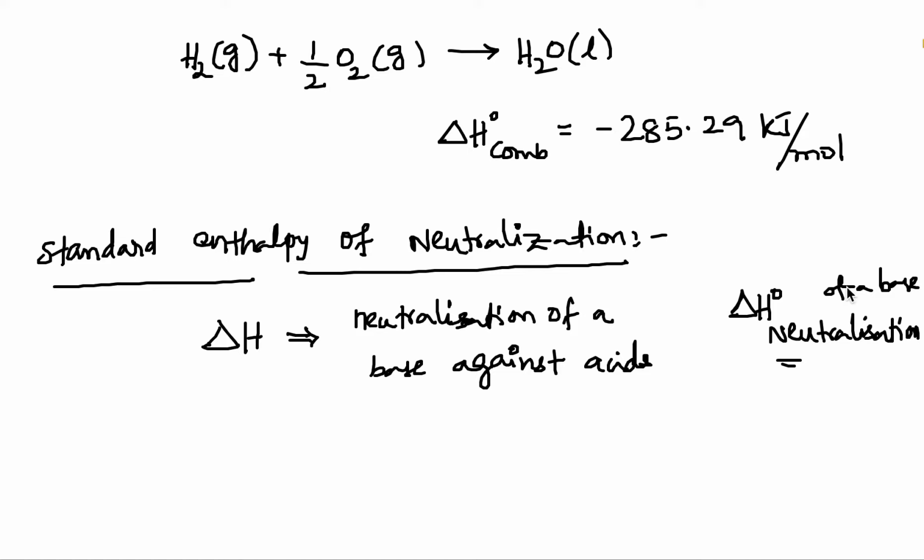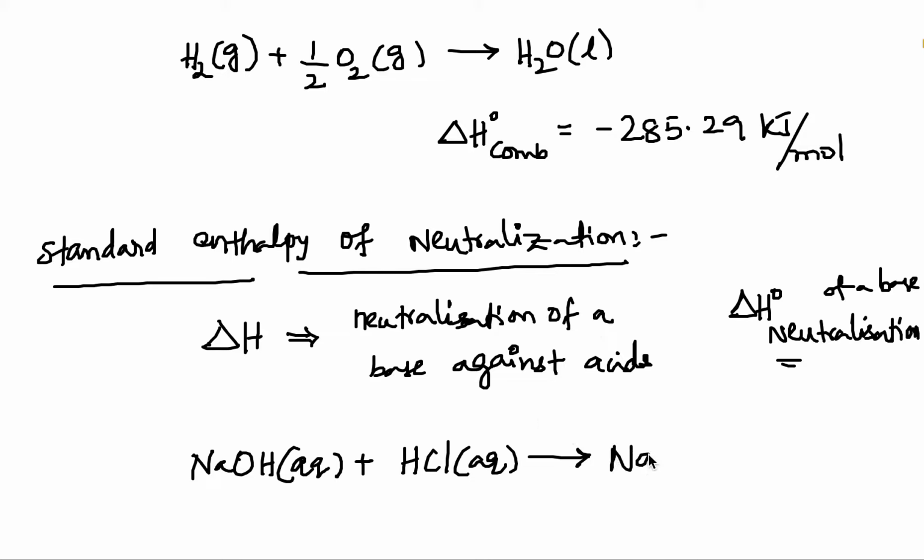So generally, if you take a strong acid and strong base like NaOH, we can express that with respect to NaOH and the acid HCl. So both are strong, NaOH aqueous, HCl aqueous in dilute conditions. So in the definition we must use the words dilute conditions, and we get NaCl in the aqueous conditions plus H2O liquid.